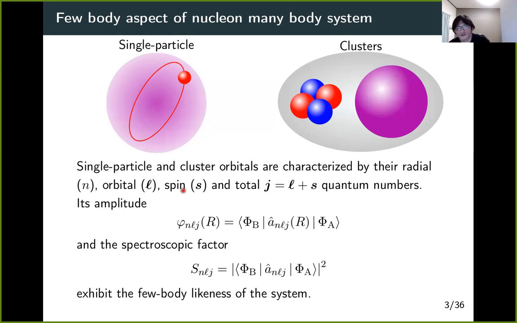The single particle or cluster wave function describes the relative degrees of freedom of the nucleon or cluster and the rest of the nucleus. Its squared norm is what we call the spectroscopic factor, which tells us how much the real nucleus can be understood in these pictures.